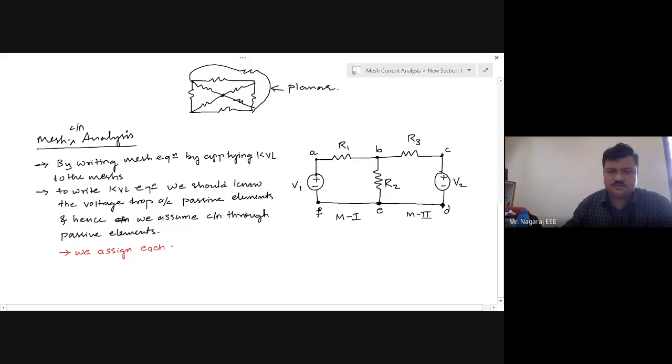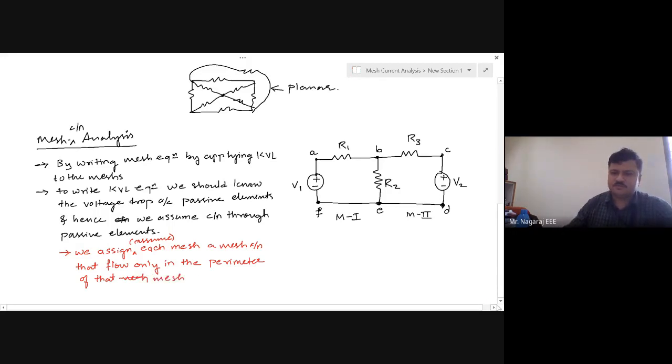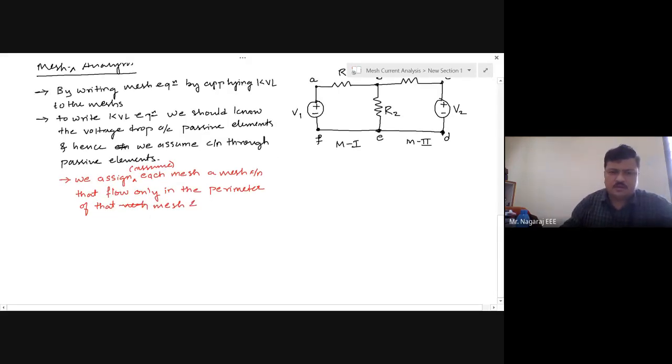each mesh a mesh current. We assign each mesh a mesh current that flows only in the perimeter of that mesh, and it will not cross the node.